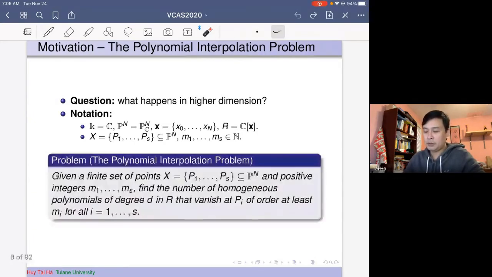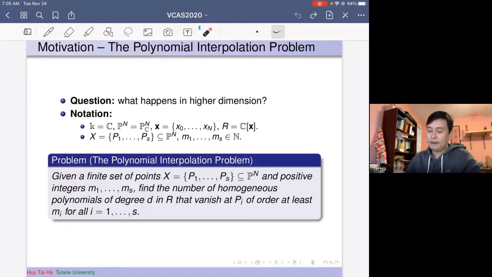So the polynomial interpolation problem can be stated as follows. Given a finite set of points and positive multiplicities, find the number of homogeneous polynomials of a fixed degree d in this polynomial ring that vanish at each P_i of order at least m_i for all i running from 1 to s.